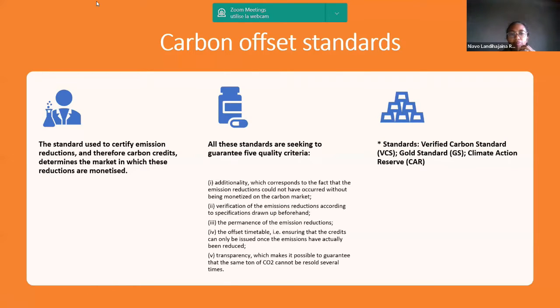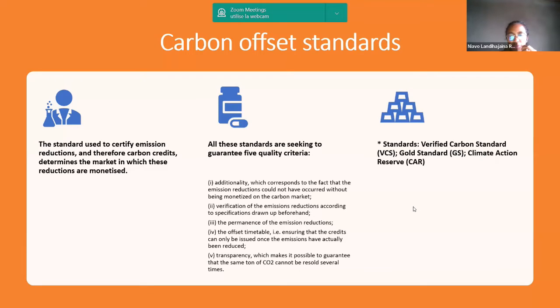So what are the different standards for carbon offsets? The standard is used to certify emission reductions, and therefore carbon credits, and determines the market in which these reductions are monetized. All these standards seek to guarantee five qualities. First, additionality.